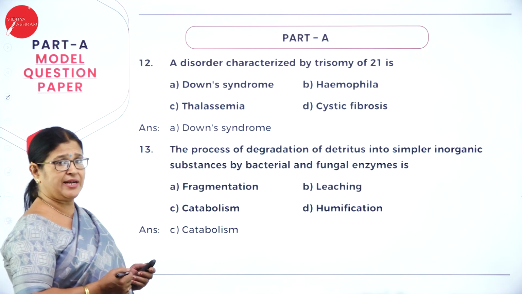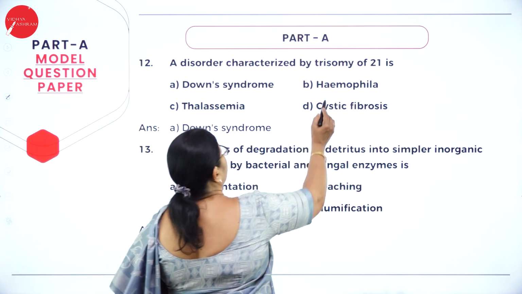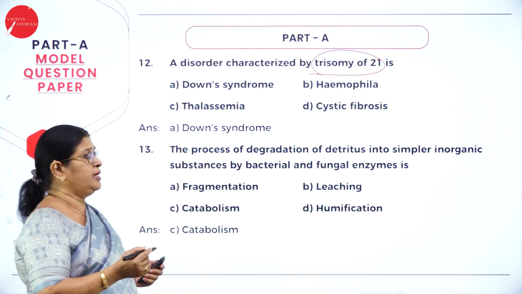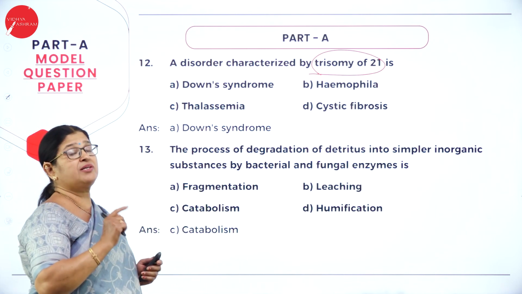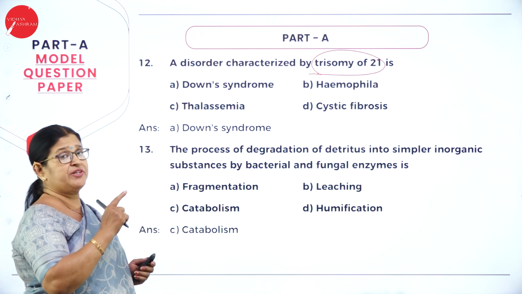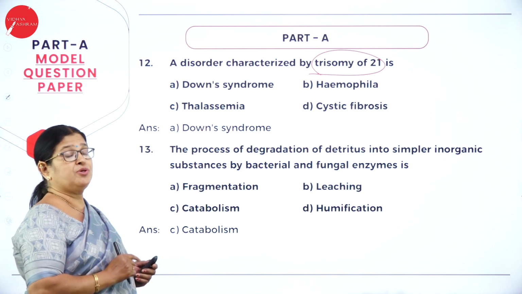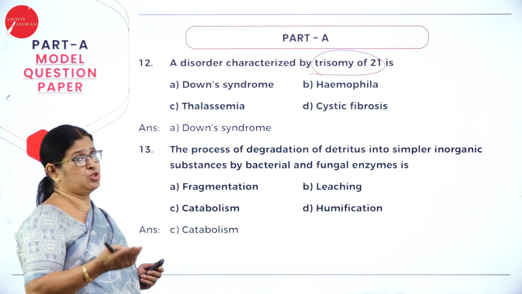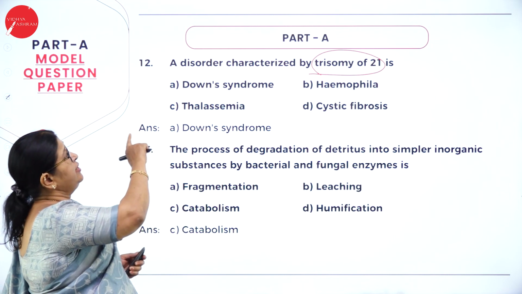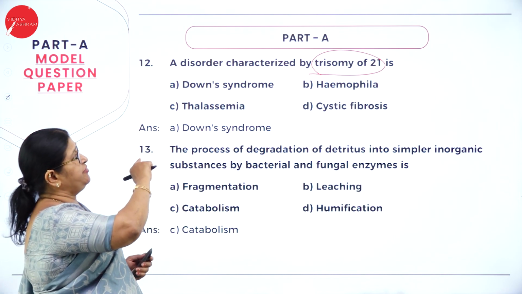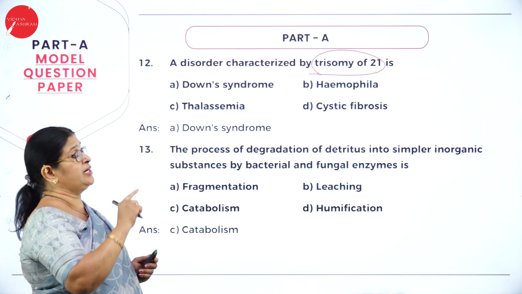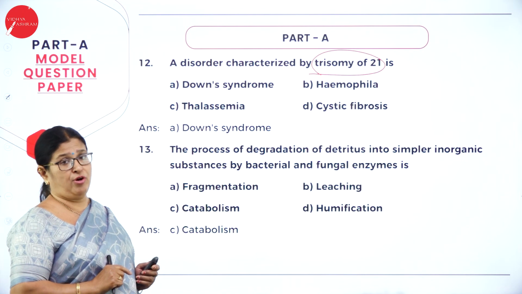Moving on to the 12th question. A disorder characterized by trisomy of 21st. Trisomy of 21st means what? 2n plus 1, that is plus 1 is added to the 21st pair of autosome. So as we all know, there are allosomal disorders and autosomal disorders. So this is a disorder you have to identify which is an autosomal disorder, called trisomy of 21st pair of autosome.